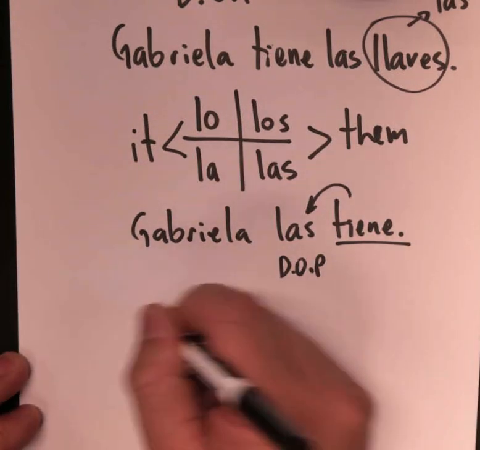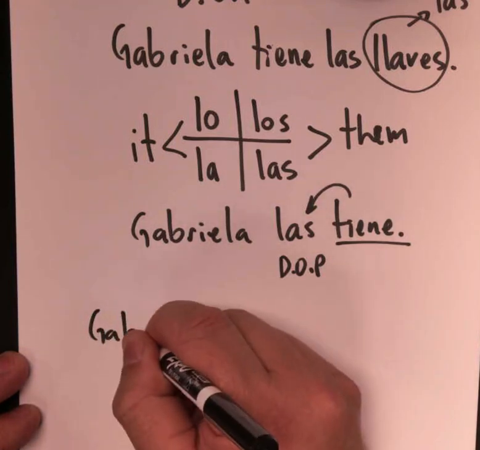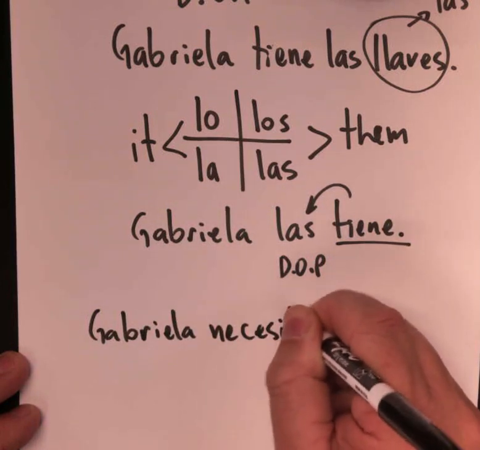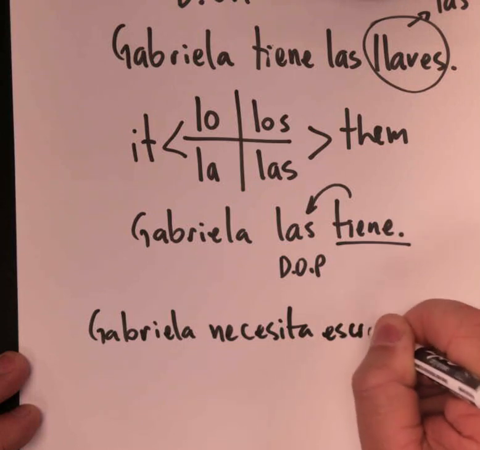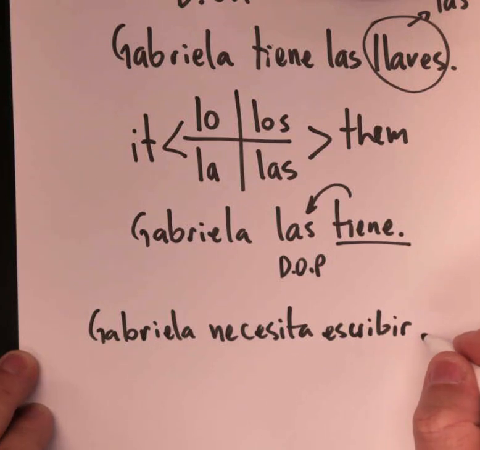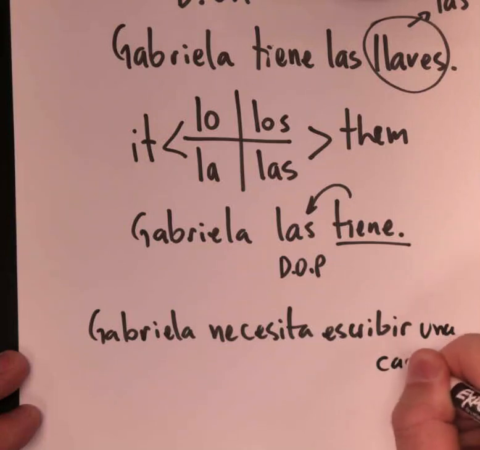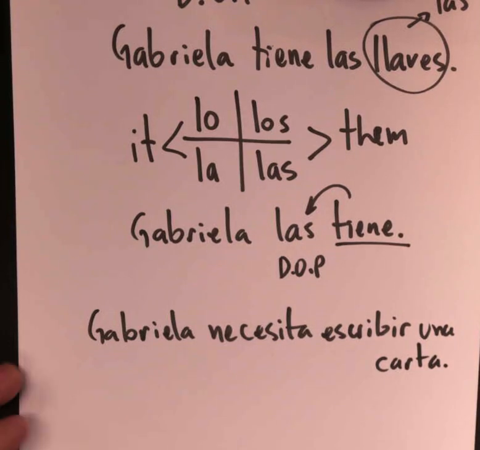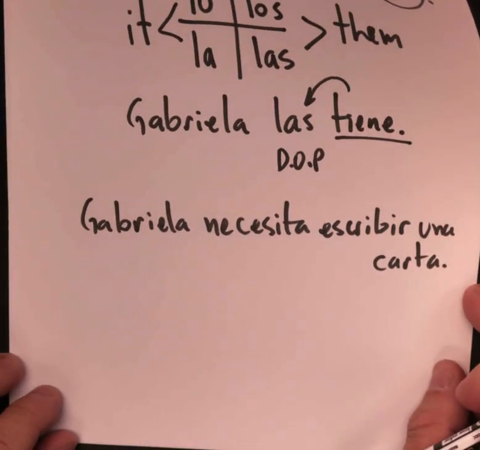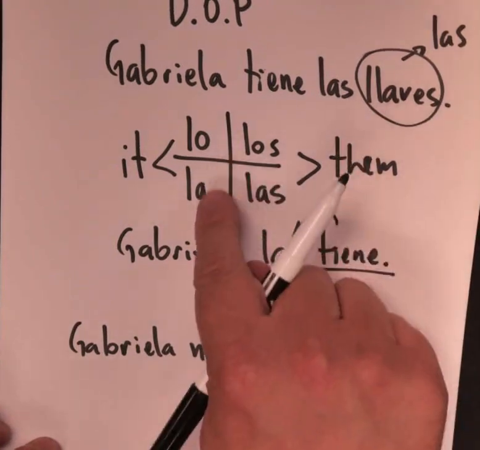Let's say that Gabriela necesita escribir una carta. Let's say Gabriela needs to write a letter, right? Gabriela necesita escribir una carta. Okay? So now the object is going to be carta, and we can substitute it with the word la.